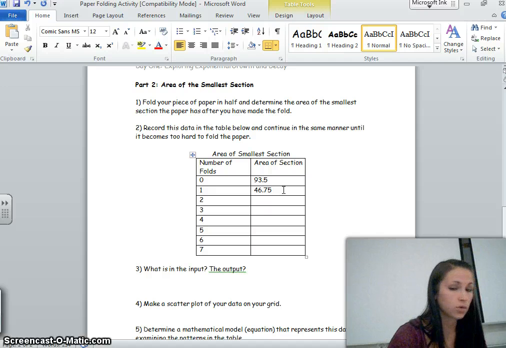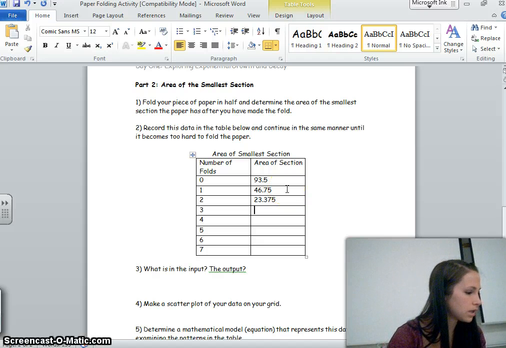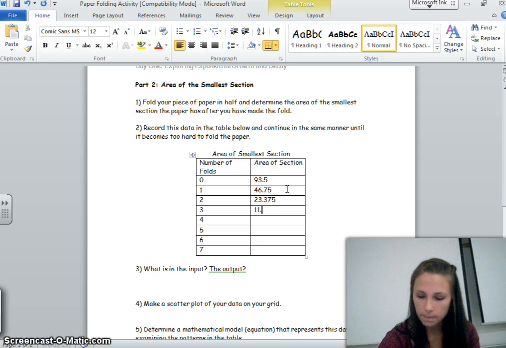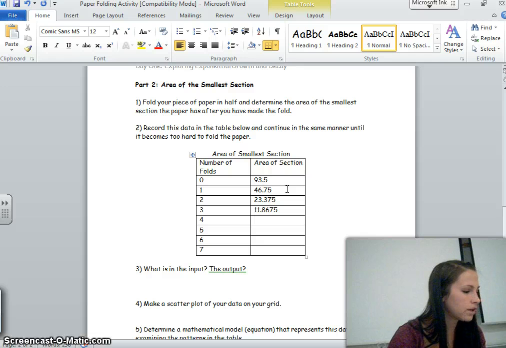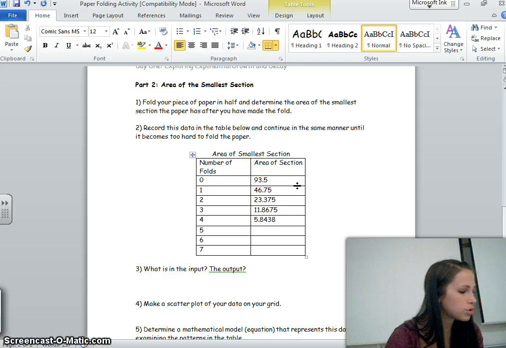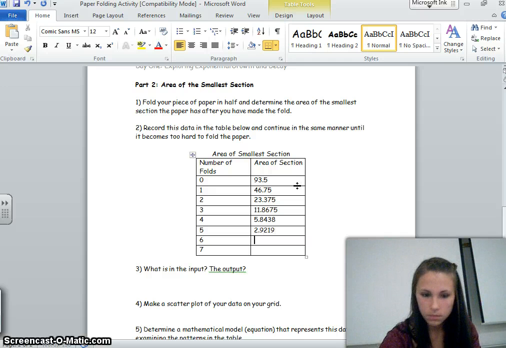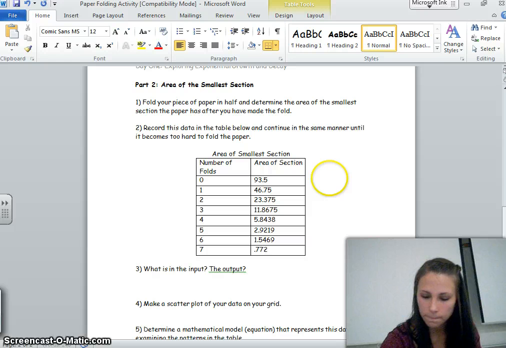So this should be 46.75, then 23.375, then 11.8675, 5.8438, and then 2.9219, 1.5469, and 0.7734.